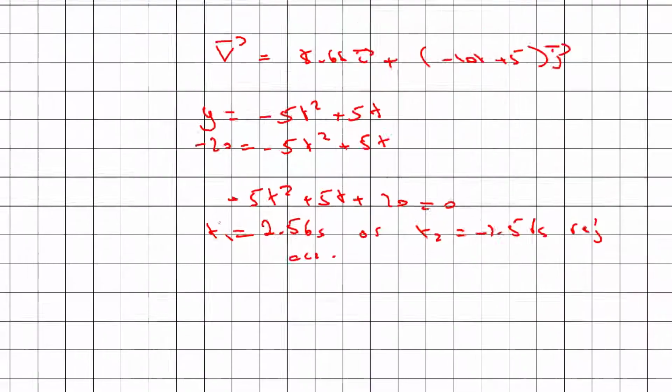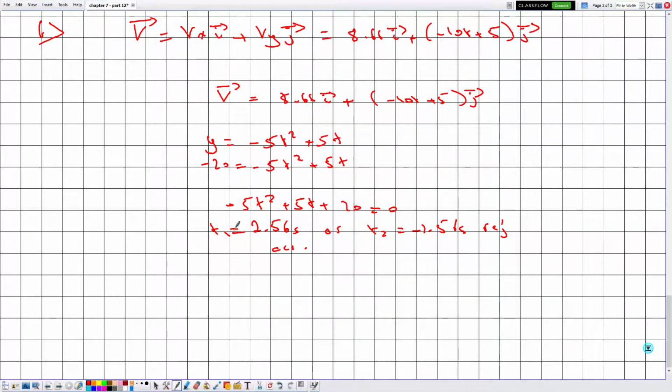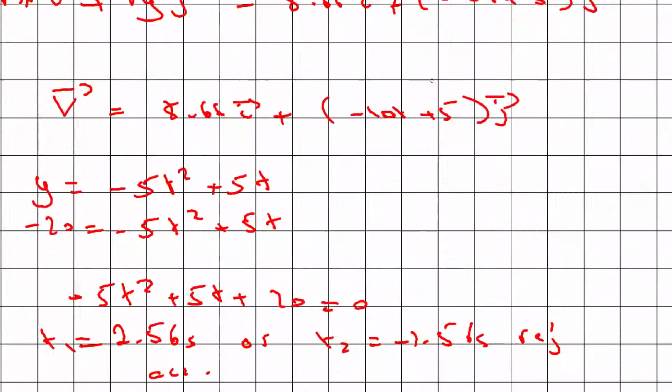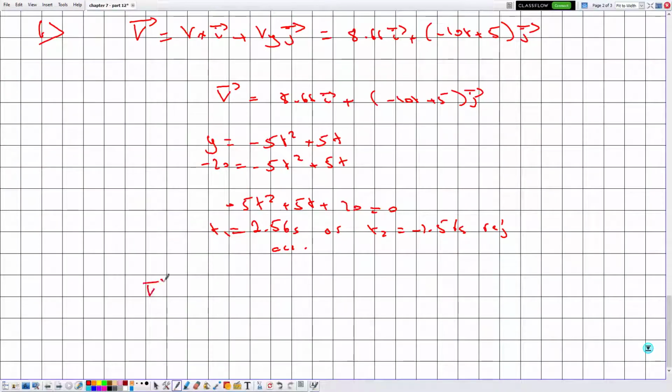So now, after we have determined the instant time that represents the position of the projectile at the point P, plugging this value of time here, we get that V is equal to 8.66 i plus minus 20.6 j. Okay, and the unit of this vector is given by meter per second.